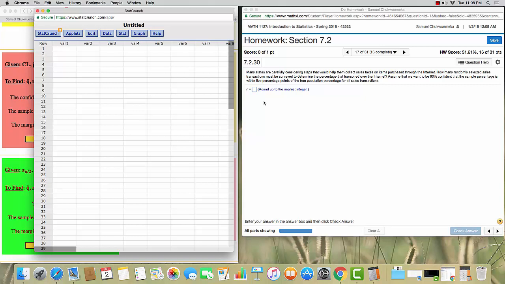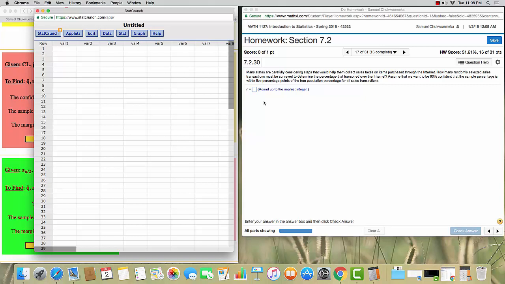How many randomly selected sales transactions must be surveyed to determine the percentage that transpired over the internet? Assume that we want to be 90% confident that the sample percentage is within 5 percentage points of the true population percentage for all sales transactions.